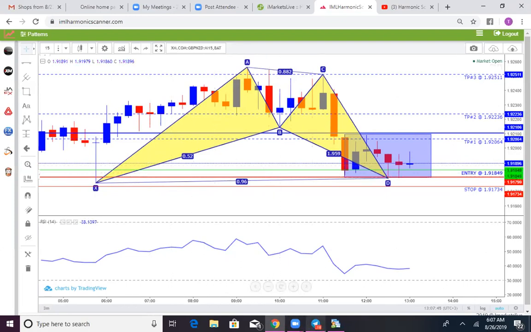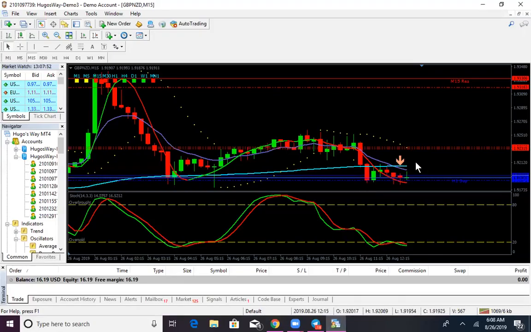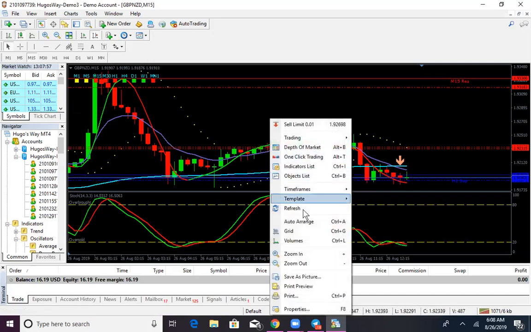But looking at this on my MetaTrader 4, it's just still stuck in consolidation. This is not what my template is supposed to look like.